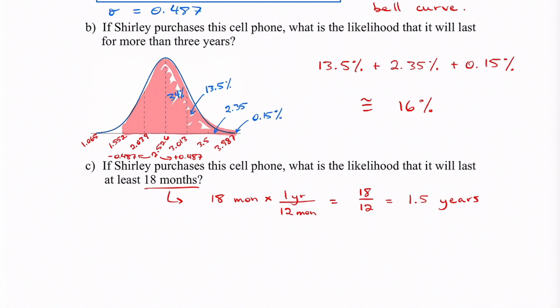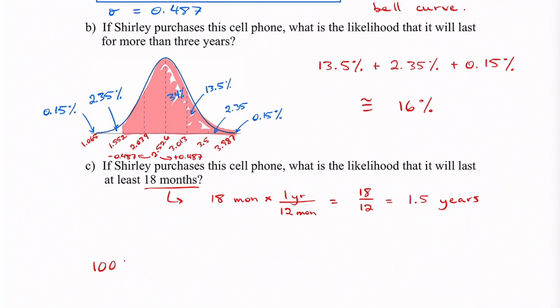I could add up all of these regions, but it might be quicker if I just took 100% and subtracted out this region and this region. Those two regions were 2.35%, and then this really, really tiny one at the end, 0.15%.